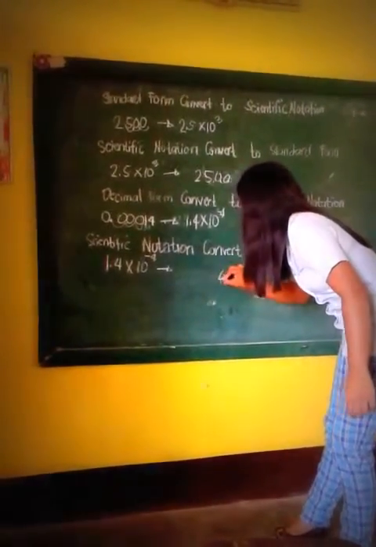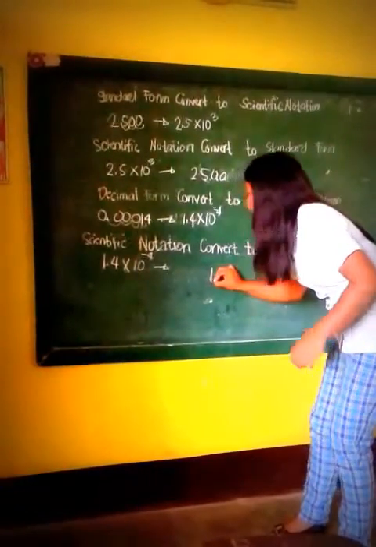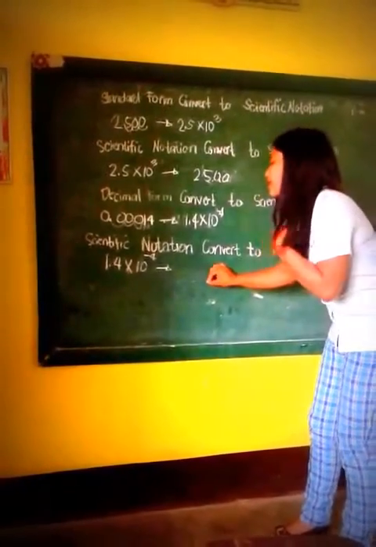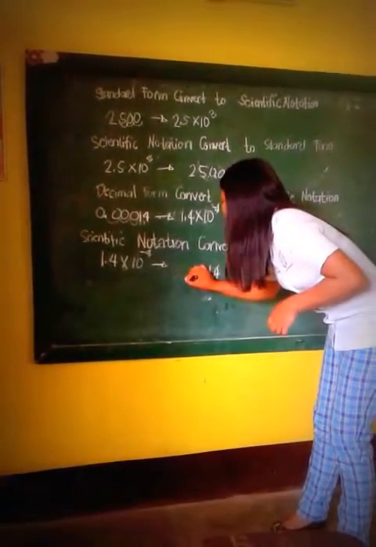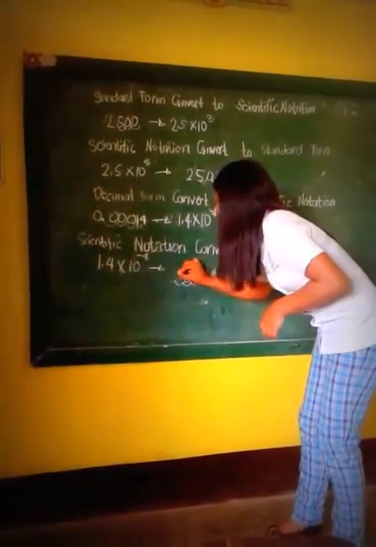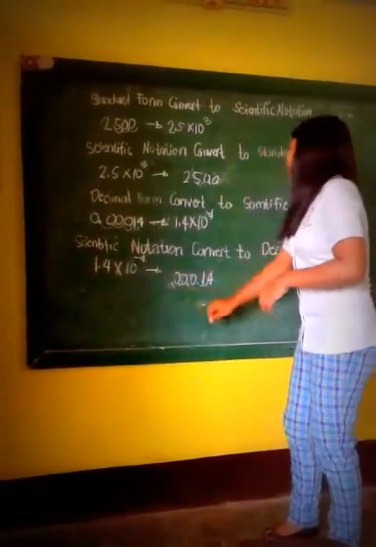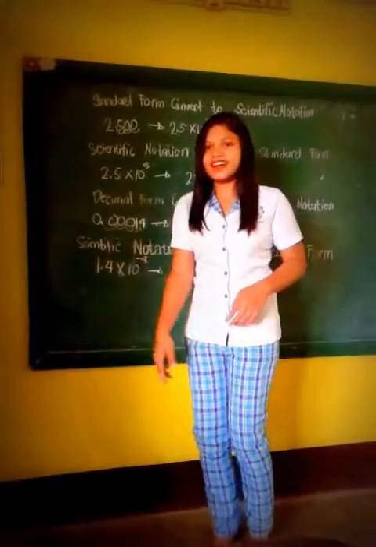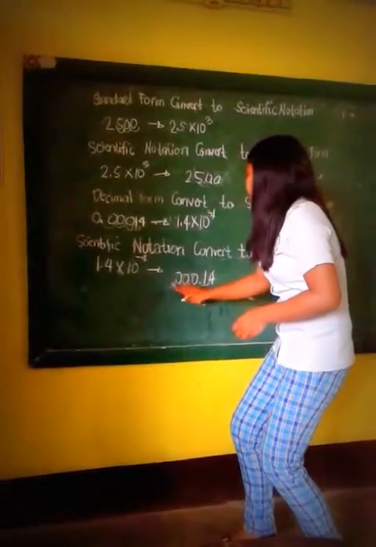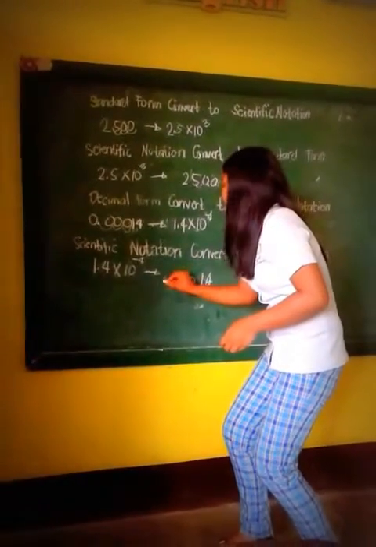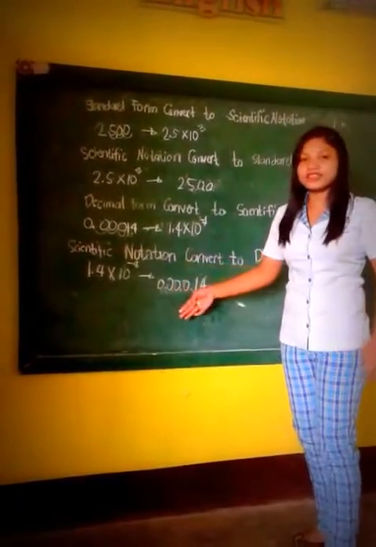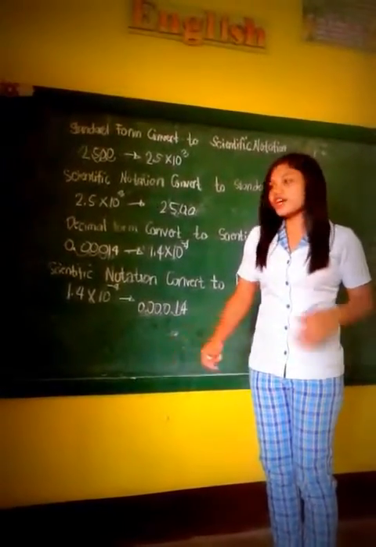So you have here a 4 and 1. This here is the point. So you must move it to the left side. 1, 2, 3, 4. Then you add a 0. 1, 2, 3. Only 3 zeros that you will add. And then you put here a point, then a 0. So now this is the decimal form of the scientific notation. So it is easy.